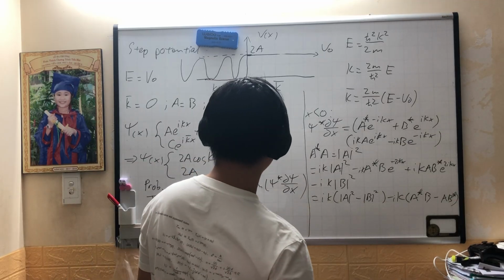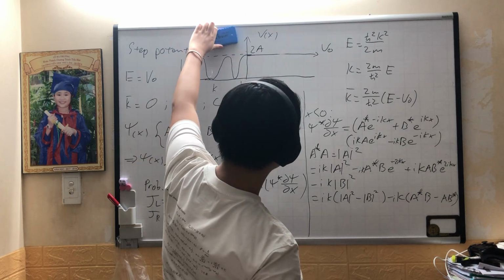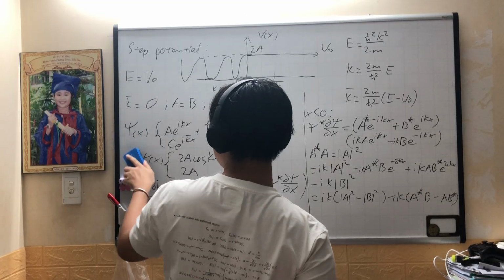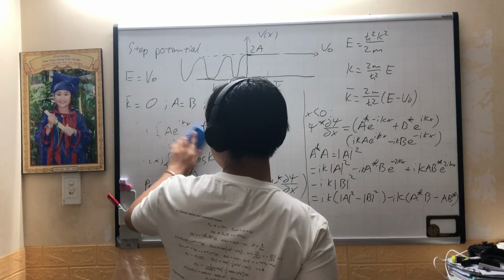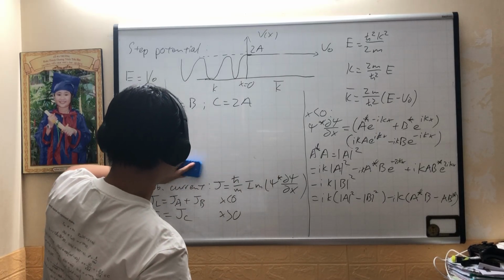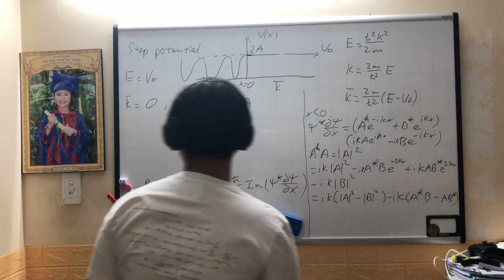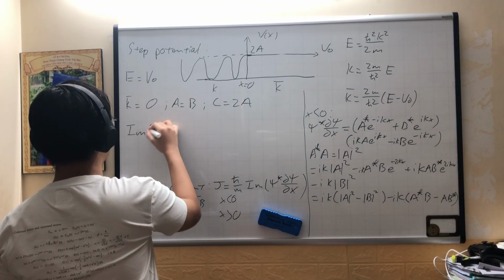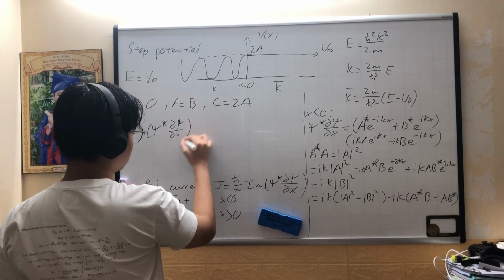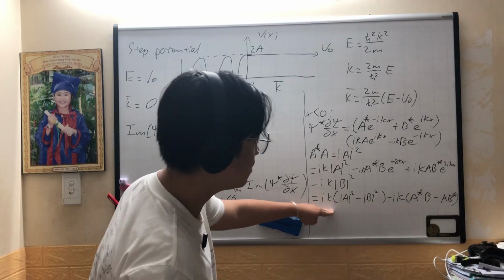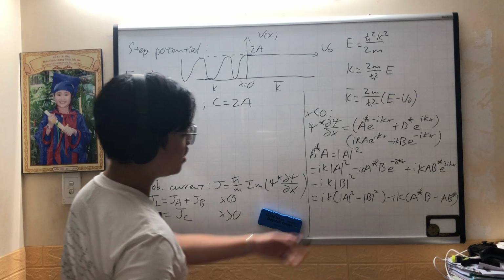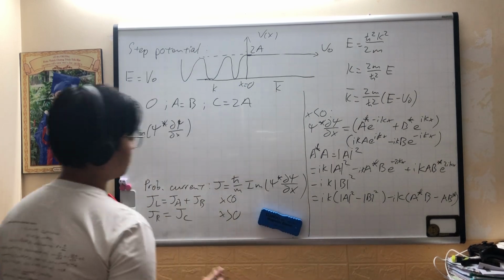So you can say the imaginary part of this chunk is that, since only this is pure imaginary, because there is no i inside and there's an i outside.